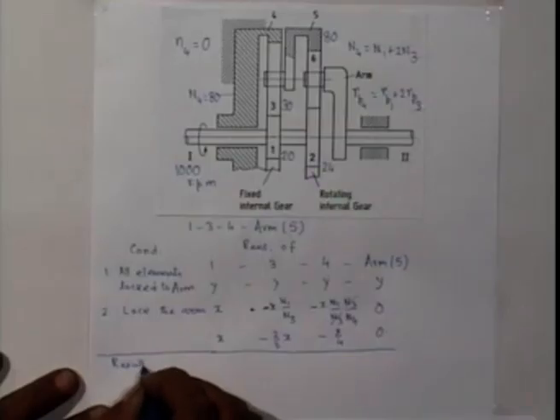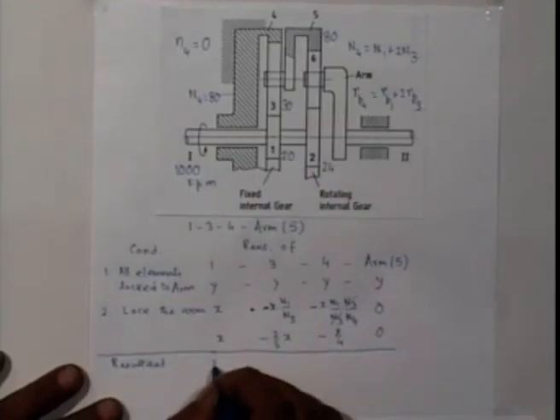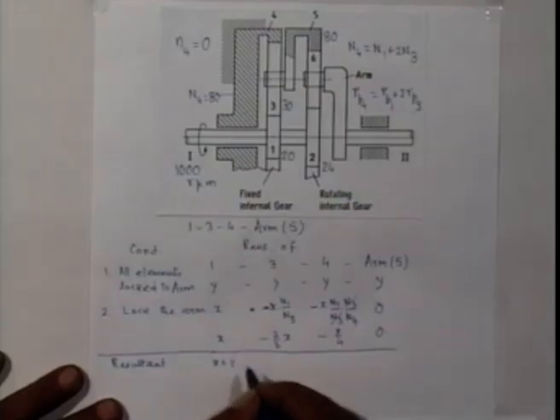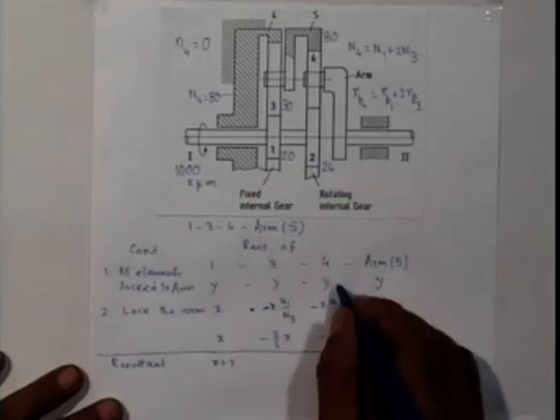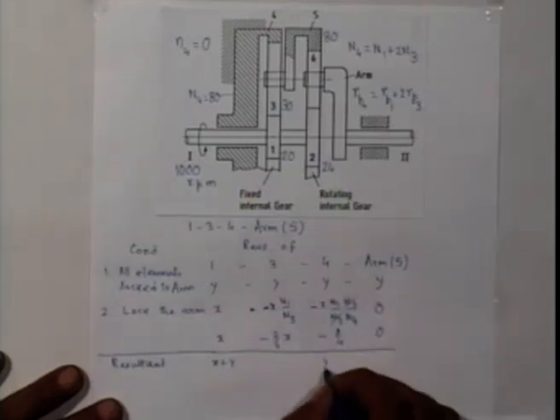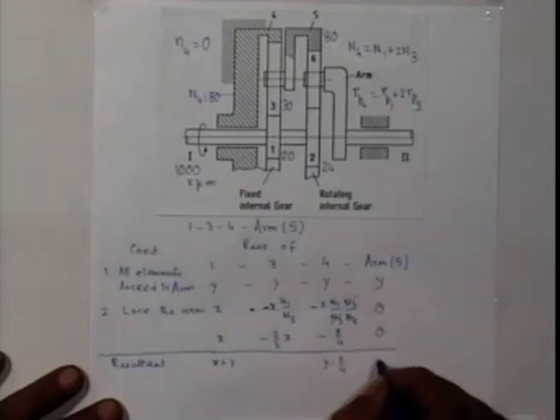You add these two motions. So here I get x plus y. Here I don't need 3 because it is not given, I don't write it. 4 I get y minus x by 4 and arm I get y.